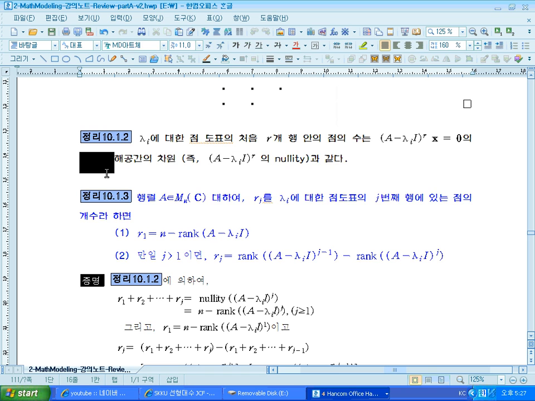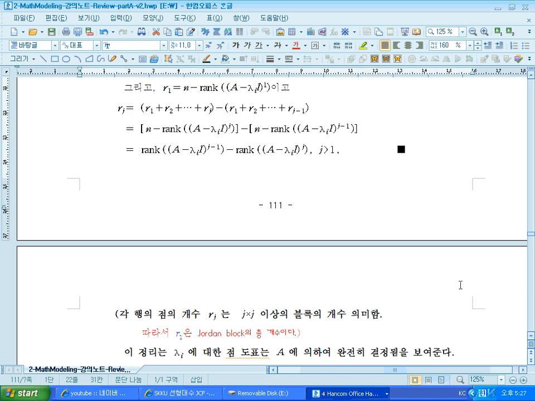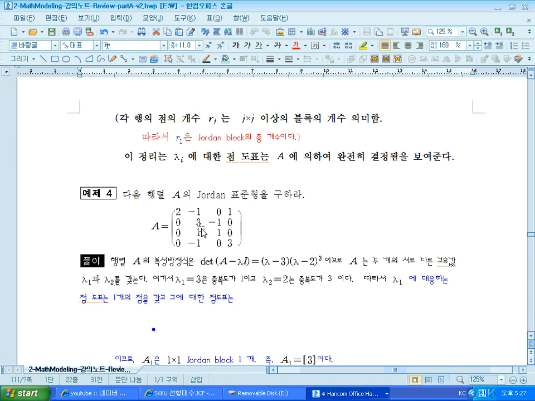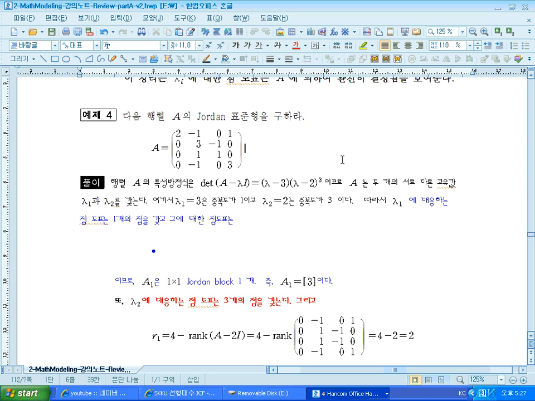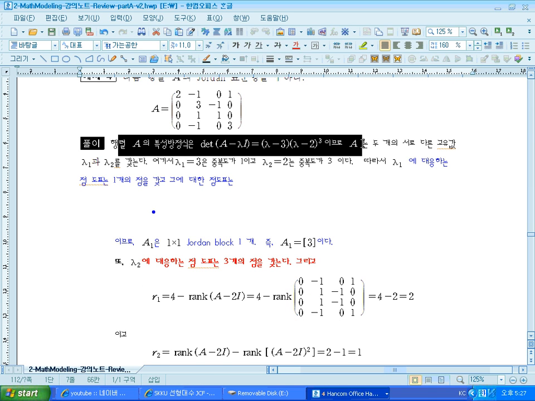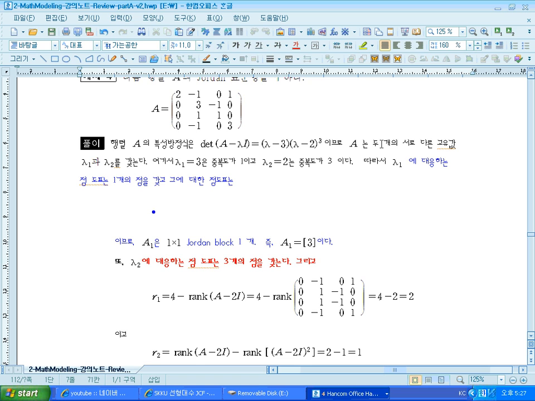This makes the theorem. Suppose we have the matrix A here. We first find the characteristic polynomial of A. Then there are two distinct eigenvalues.